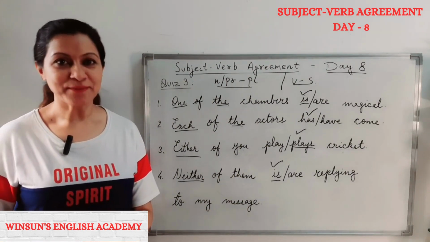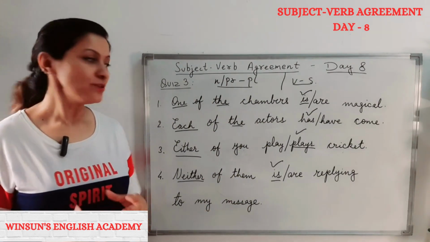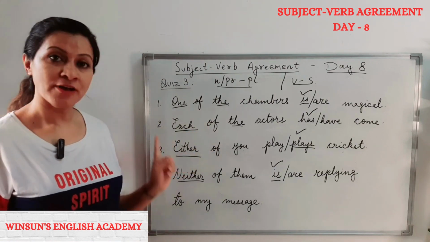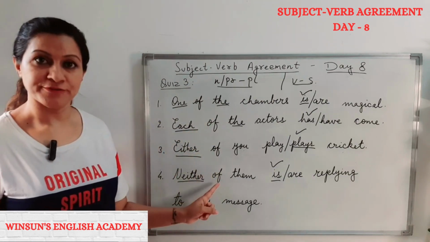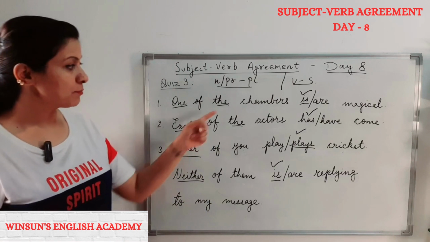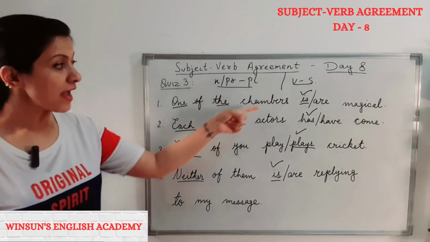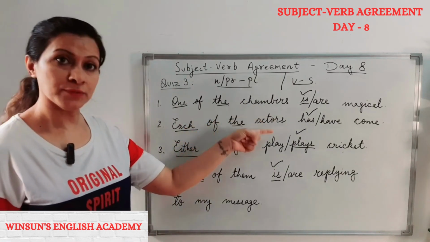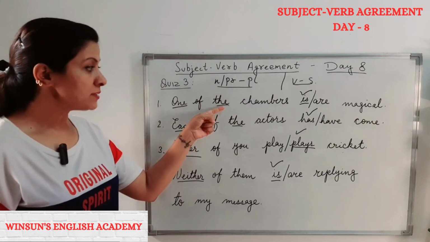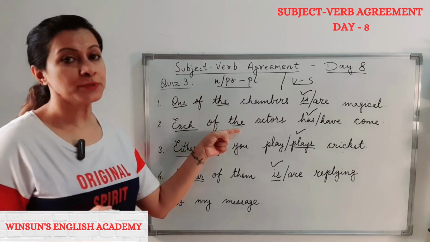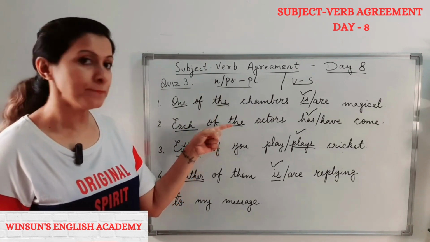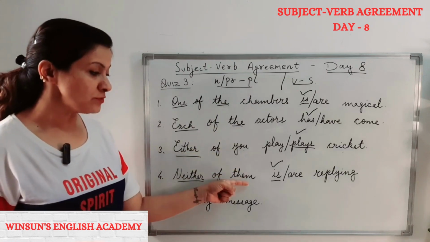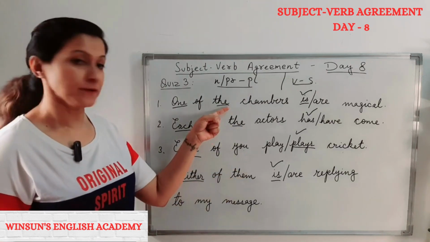Let's quickly recapitulate. In today's class, we looked at one of, each of, either of, neither of. Second thing, the placement of the. If we have a noun, countable noun, okay, then we must use the. Otherwise, it will be grammatically incorrect. Okay, but when we have pronouns, we do not use the.